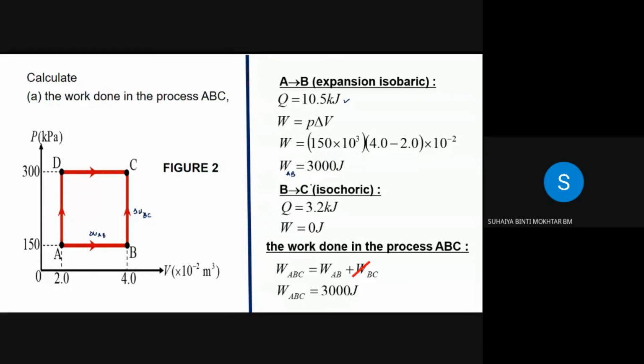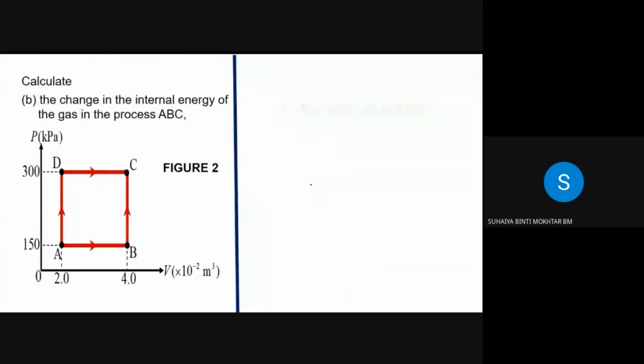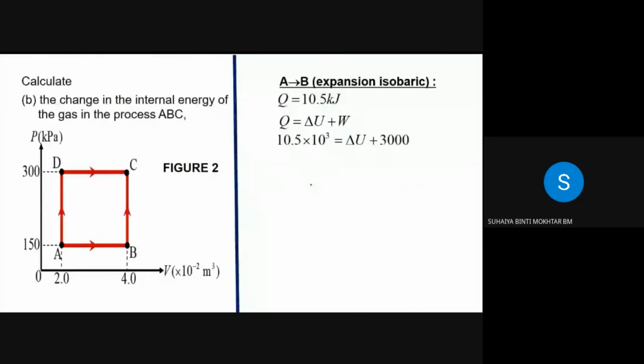Totalkan semua. So, the case AB, okay, we have Q positive and work done kita dah calculate tadi 3000. So you can determine delta U, and we get 7500 joule. Here is process AB.